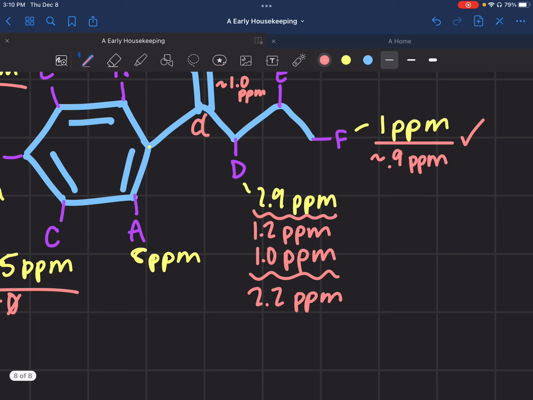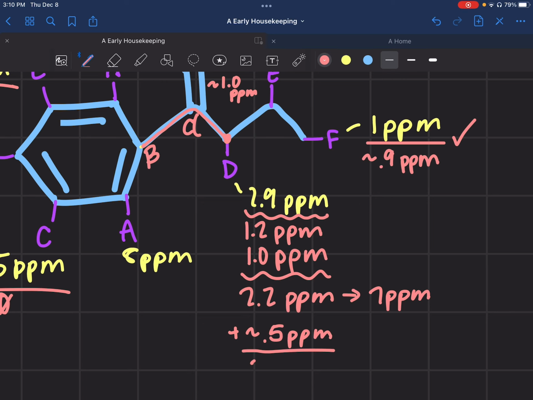Well, we're still missing 0.7 ppm. Again, these are estimates. If you'll notice, this D right here is two groups away from the benzene ring, so it is beta to the benzene ring. This is something that Dr. Owen told me: the chemical shift of a beta benzene is approximately 0.5 ppm, which gives us a value of 2.7 ppm.